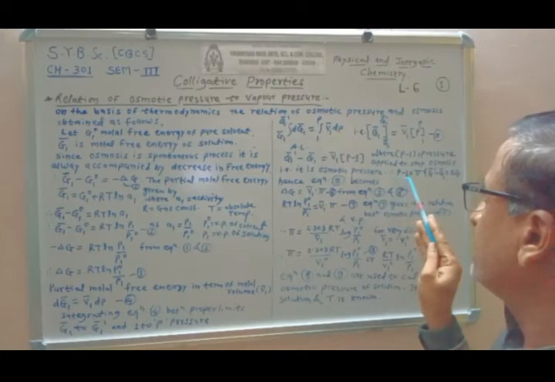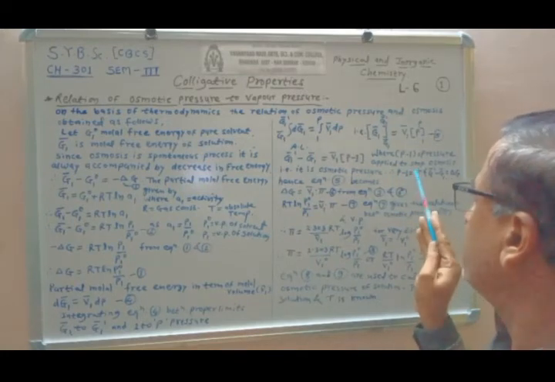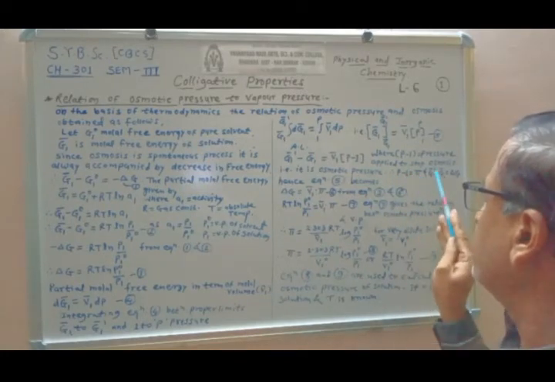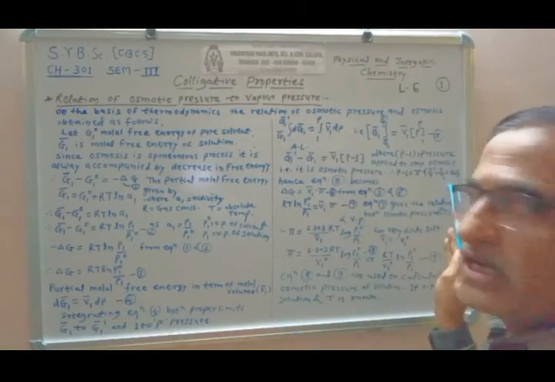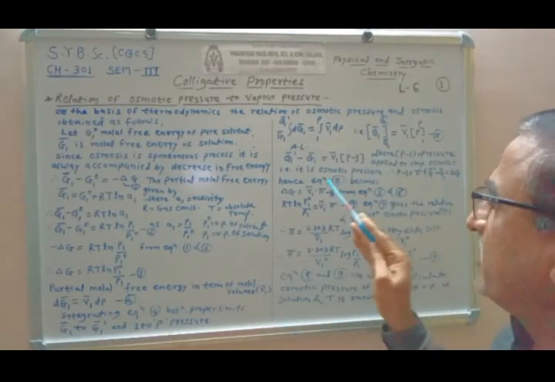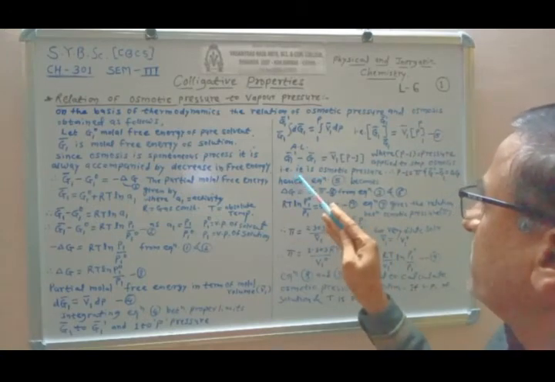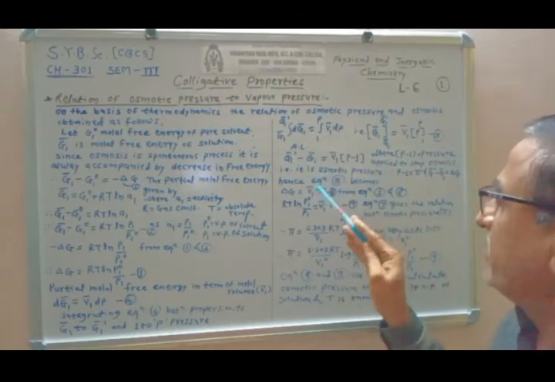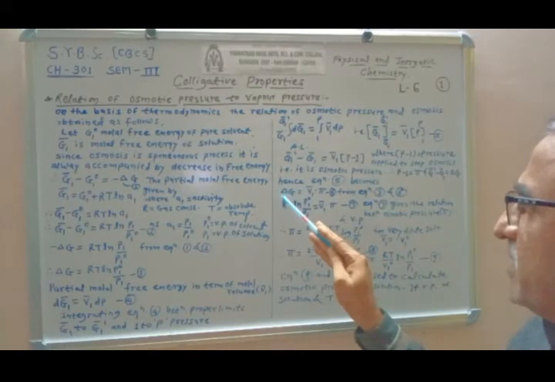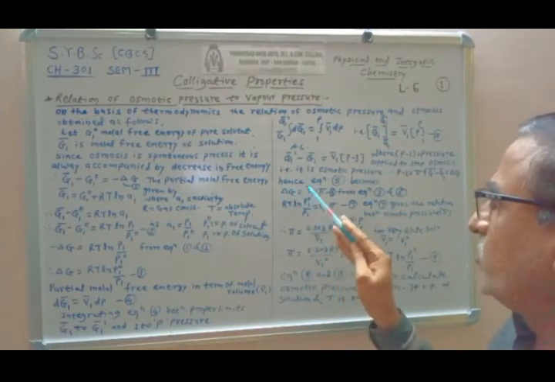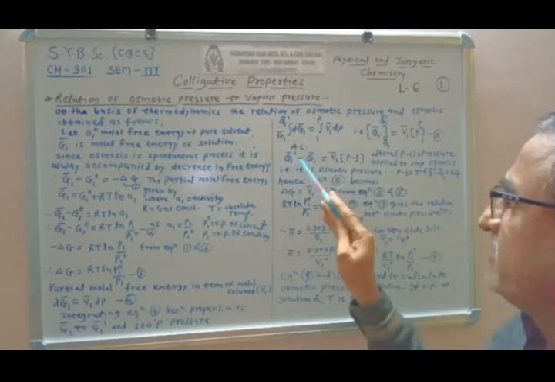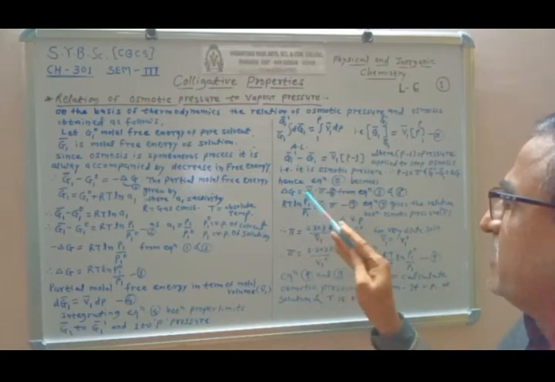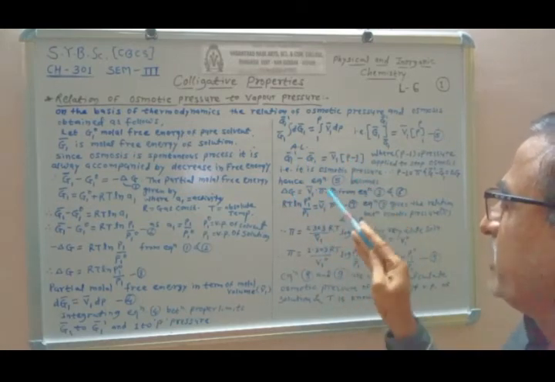So P minus 1 is equal to pi, the osmotic pressure, and G1 dash bar minus G1 bar is equal to delta G. So delta G is equal to V1 bar into pi.